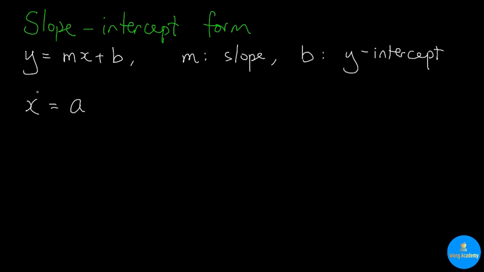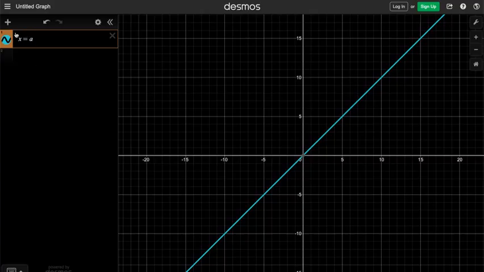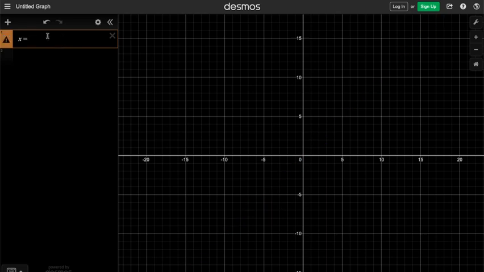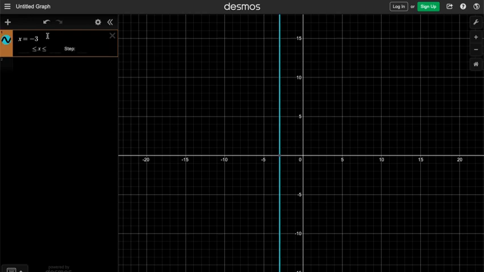Let's take a look at Desmos again. Do not try to plug in x equals a directly into Desmos. Otherwise, Desmos would think that this is the x-axis and this is the a-axis, and it would totally mess you up. Rather, you should try to plug in actual numbers into it. For example, -3. Then you can see that this is a vertical line intersecting the x-axis at (-3, 0).